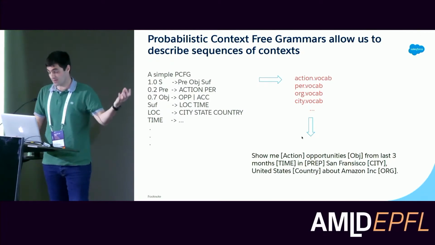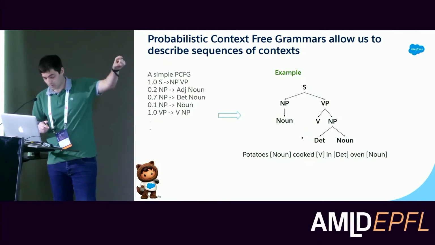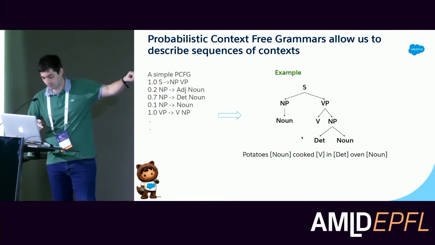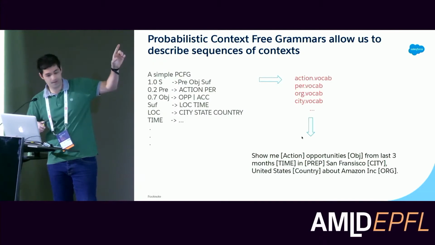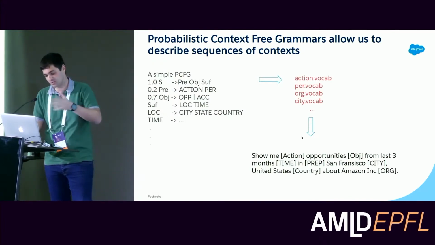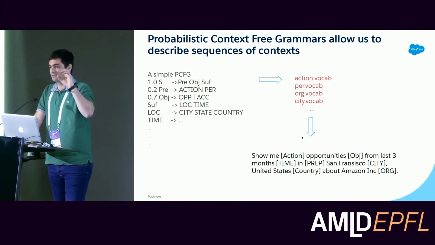So you know what the grammar looks like, and you know how to sample tags, noun, verb, determinant, noun from your domain grammar. This would mean action, object, time, preposition, city, and so on and so forth. And there comes slot filling. You have all these valid tags. You just need now the vocabulary that you care about.